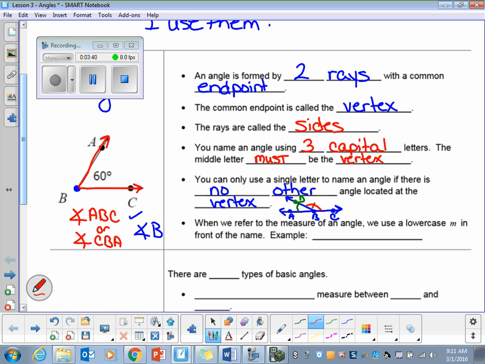So there has to be no confusion if you only use a single letter. To be safe, always use three. Then nobody can be confused about what you're talking about.